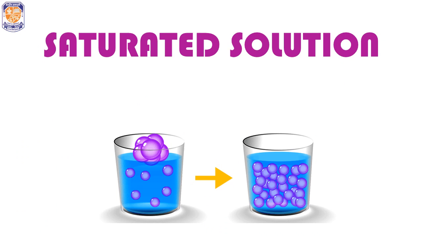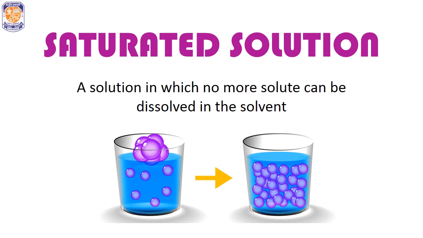Now, what is a saturated solution? A saturated solution is a solution in which no more solute can be dissolved in the solvent. Here in the picture we have a glass of water, and in that any solute is added. Initially you see the number of particles present in the solvent is limited. There are only 6 particles seen dissolved in the liquid.